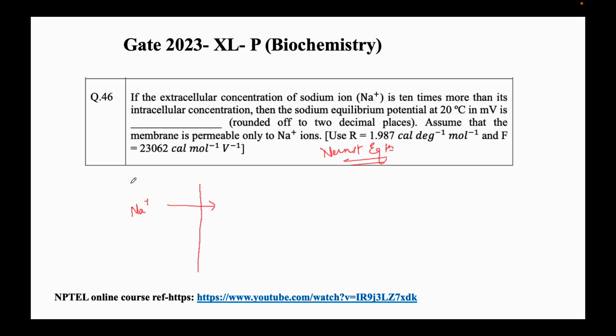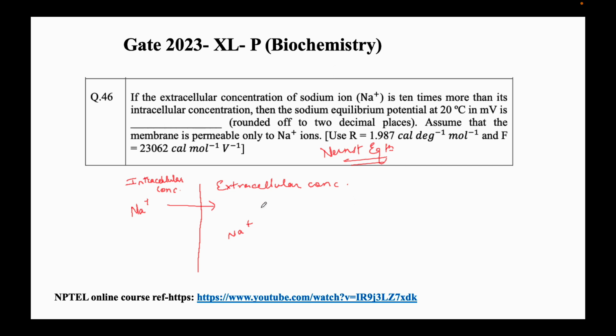So let's consider that this is the intracellular concentration of sodium, and this is the extracellular concentration of sodium ions. In the question they have said that the extracellular concentration of sodium ion is 10 times more.